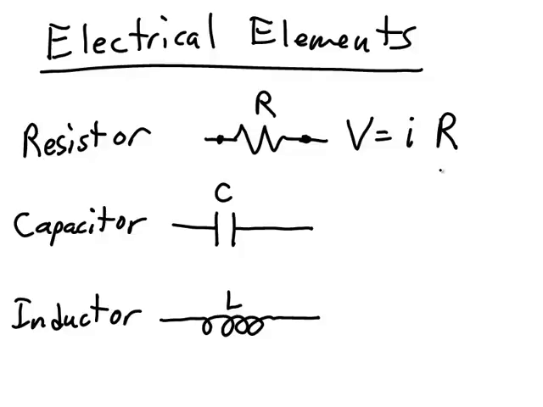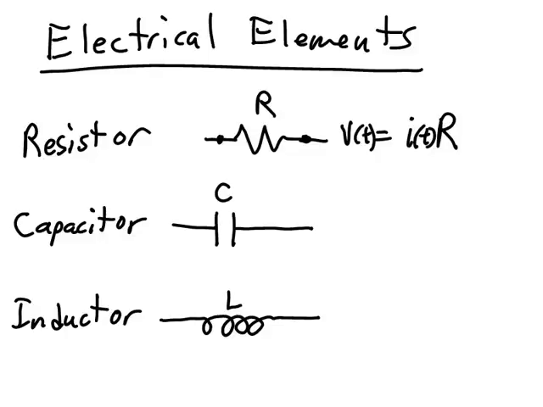Now, when we're looking at this element in terms of systems modeling rather than in terms of simple circuit analysis, we have to pay attention to which things are signals and which things are system parameters. In this equation, R is a constant. It's a system parameter. The things that change over time are the current and the voltage.